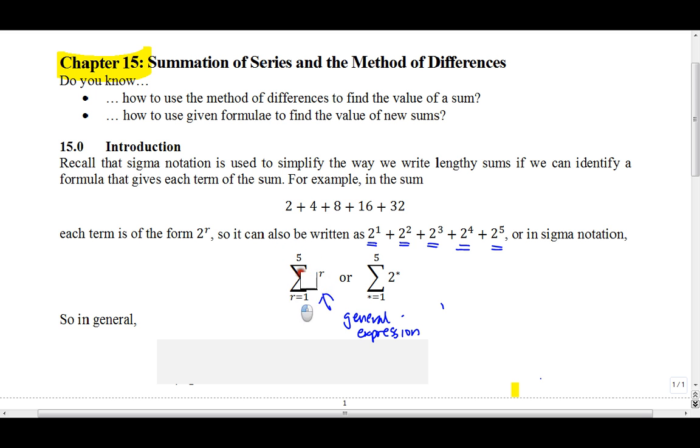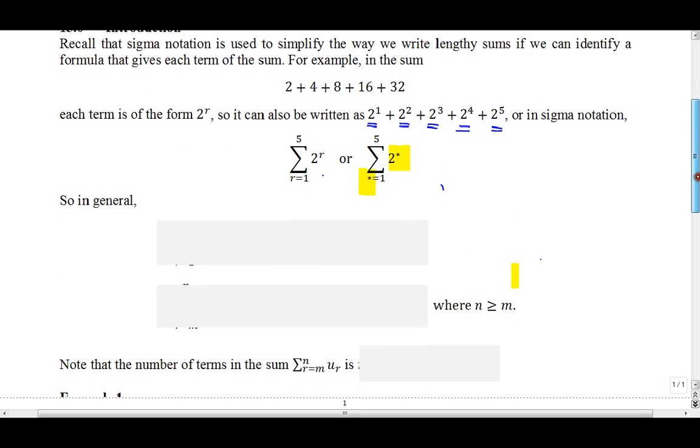That's simple enough. So actually, there's no difference if you replace it with a star. No difference at all. So can we just safely say that in general, if I write the summation sign r equals 1 to n of ur, it must be equal to u1 plus u2 plus u3 all the way to un.